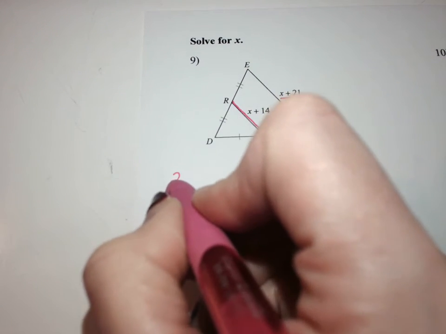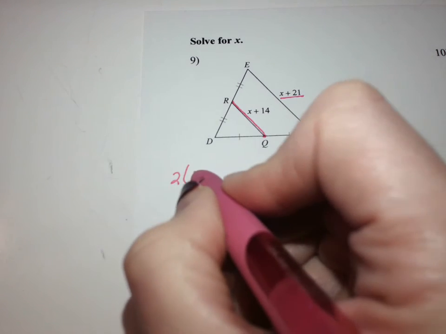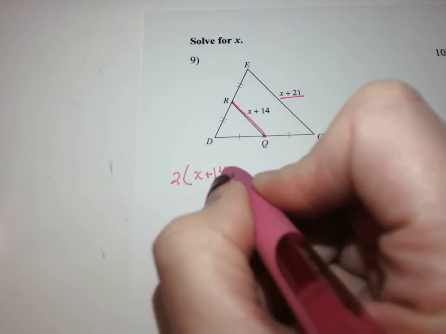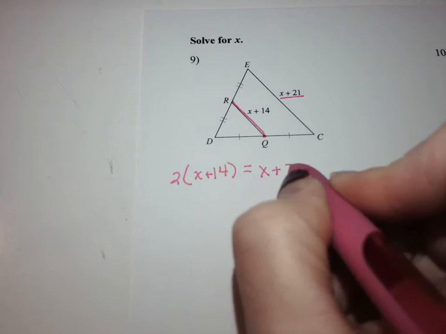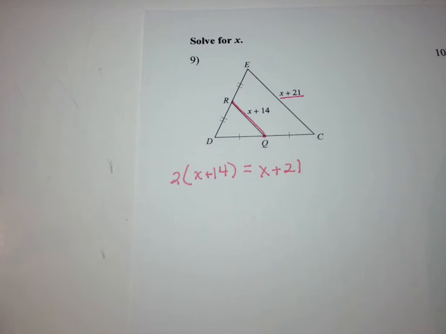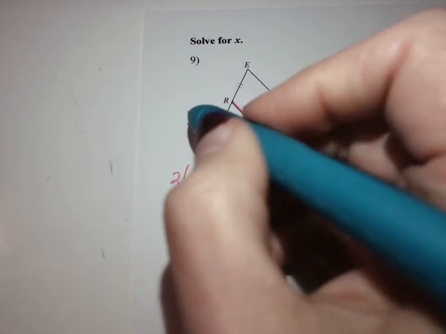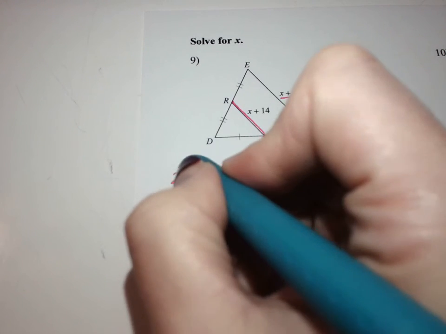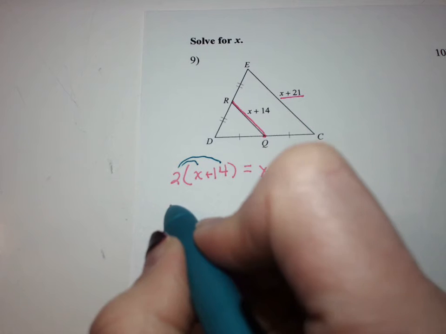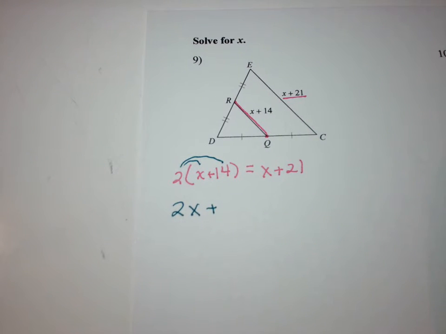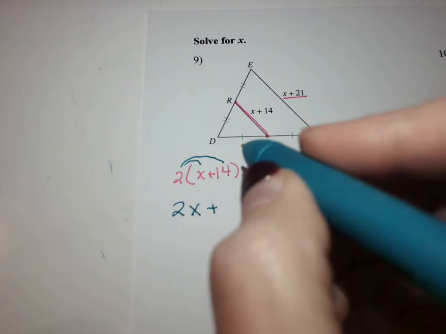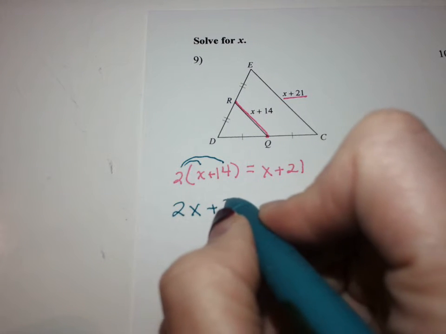So we know that 2 times x plus 14 is equal to x plus 21. So the very first thing I'm going to do is go ahead and distribute. Okay, so I'm going to get 2x plus, and then you just have to make sure that you do 2 times 14, which is 28.